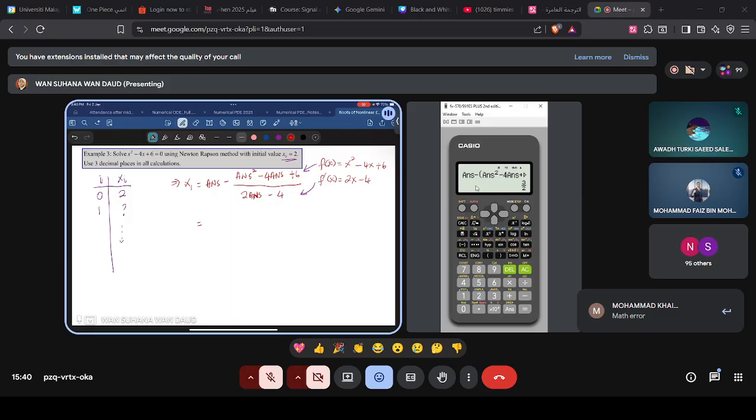I think this calculator got a problem. 2x minus 4, and then equal. What's supposed to be the value, guys?